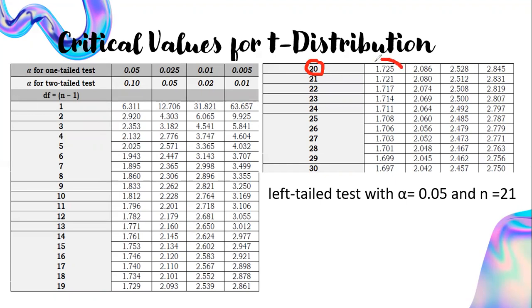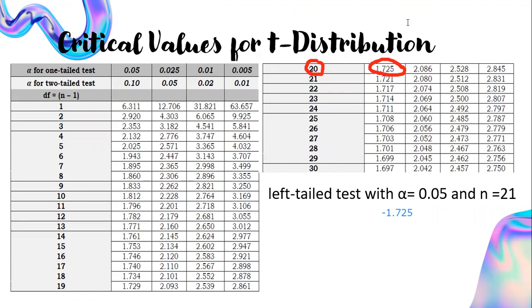The intersection is 1.725. But since it's a left-tailed test, that means the value of your t must be negative 1.725. So you need to consider whether it is a left-tailed test or a right-tailed test.